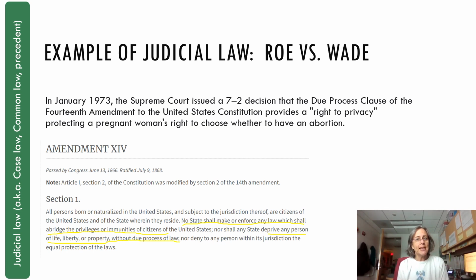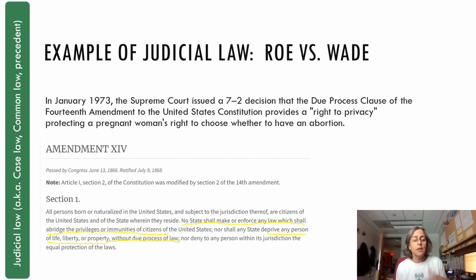This doesn't mean that they can't take your life or lock you up in prison, right? They can, and they can fine you. They can take your property, but it has to be with due process. There has to be a good reason. It has to go through the legal channels. They can't just willy-nilly tell you what you can and cannot do with your body and with your life, your personal freedom. So that was the basis of the decision in Roe versus Wade.